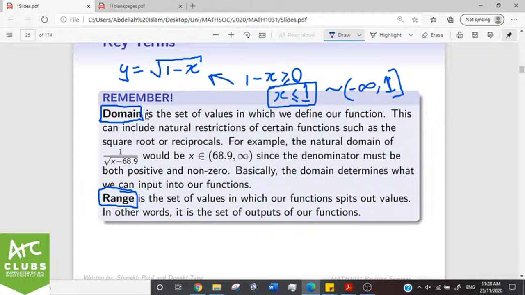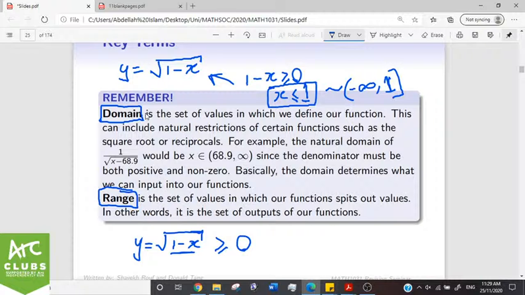The range is the values that the function can possibly take. For y equals square root of 1 minus x, we know that the square root will always give us something positive. Whatever we have here, we're just taking the square root of that, and that's a positive number. So this has to be greater than or equal to 0, when x is 1.